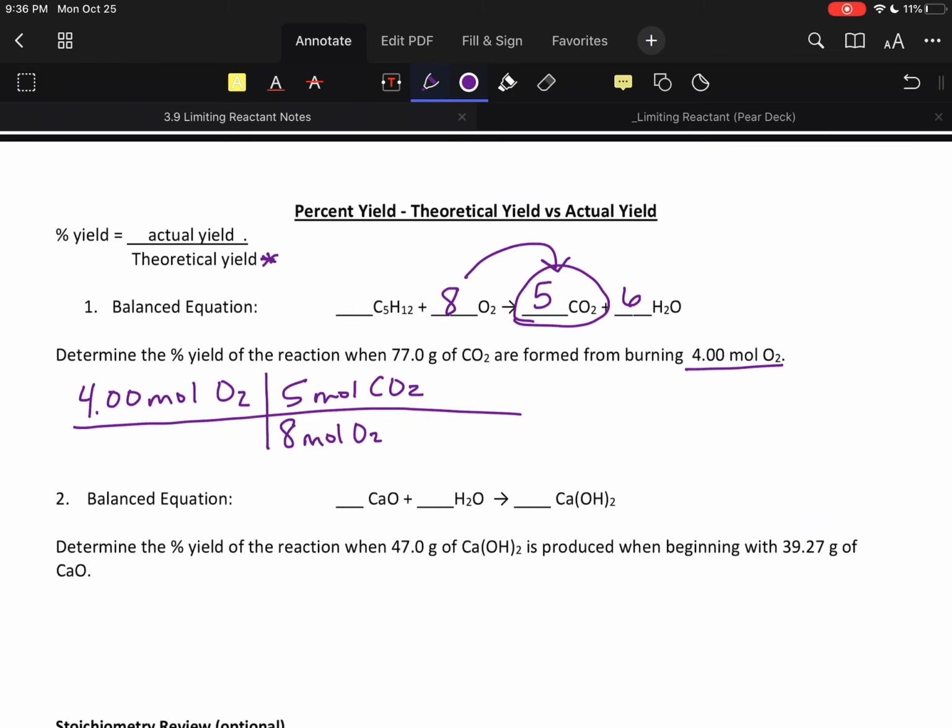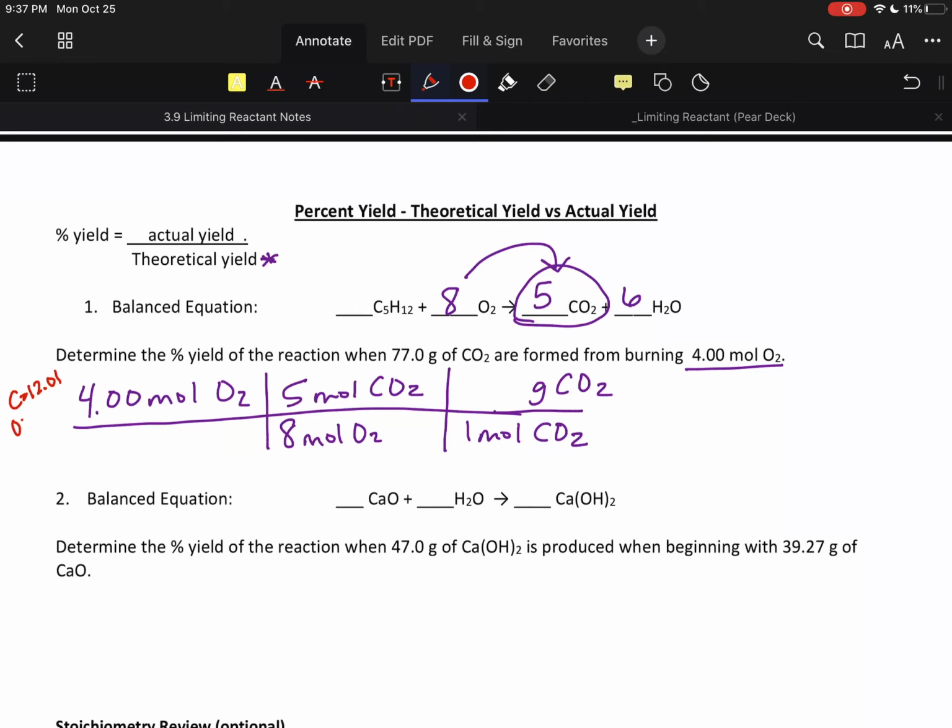So here, because my lab data is in grams, right, I want to make sure that my theoretical value is also in grams. So instead of stopping at moles, I'm going to continue on to my molar mass. Okay, I want to find grams of CO2. So I can do that by adding up.